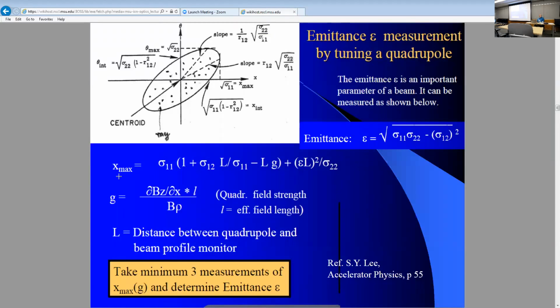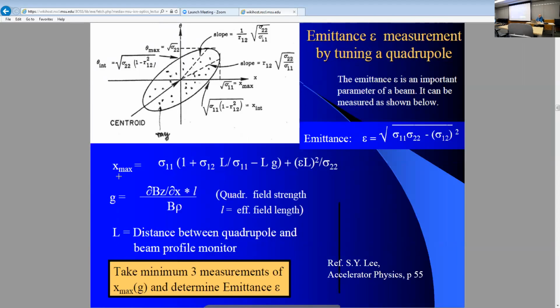In the exercises that you will have, you will solve a problem like this, but you will probably take more measurements than just 3. Then you get X max as a function of G, of the gradient of the quadrupoles, and it will be a parabola or something similar like that, and then you can get a more precise measurement than just with 3 measurements here.